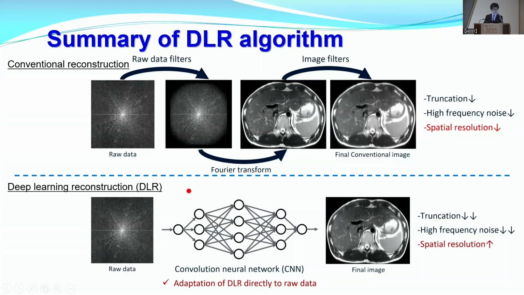On the other hand, deep learning reconstruction applies a convolutional neural network directly to the k-space data to create the MR image. This algorithm has several advantages over the conventional reconstruction algorithm: it dramatically reduces truncation artifact and high frequency image noise while maintaining spatial resolution.